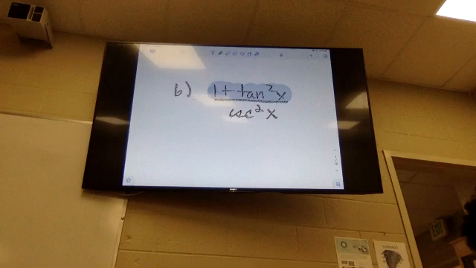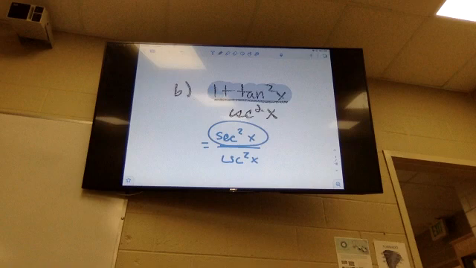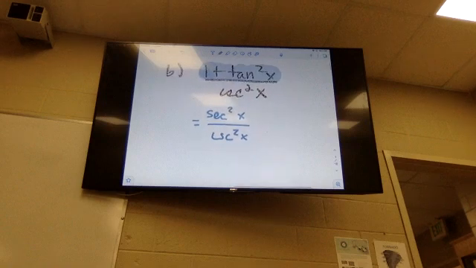So Willie said, well, can we replace cosecant squared with 1 plus cotangent squared? And I said, I'd rather go the other way. I'd rather just have 1 term, not 2 over 2. So if I replace 1 plus tangent squared with secant squared over cosecant squared, this already is starting to look a lot more simple. One of your Pythagorean identities literally says 1 plus tangent squared equals secant squared, so we just substituted. Where does it say that?